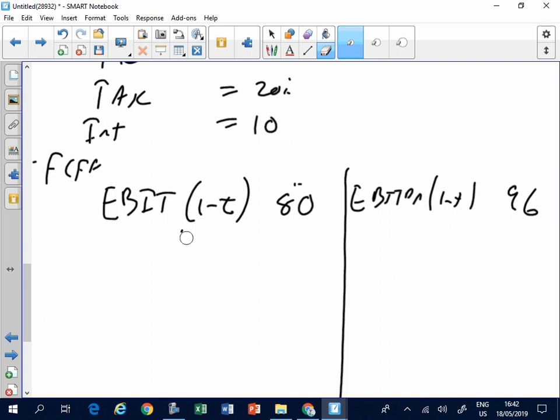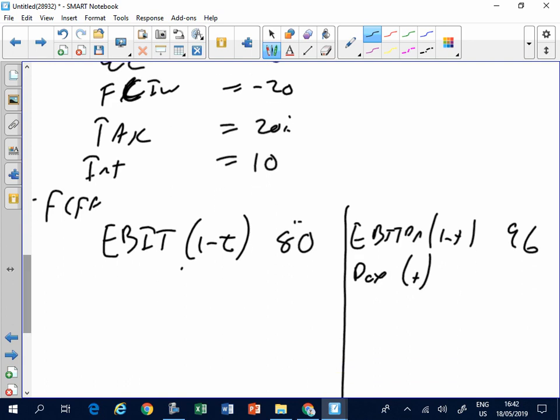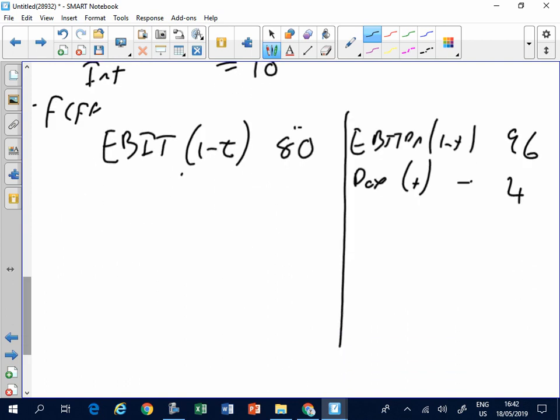It's part of EBIT. Sorry, I just want to do this depreciation. Depreciation times the tax rate is equal to 20 times, okay, so that's going to be 4, because you add that back.